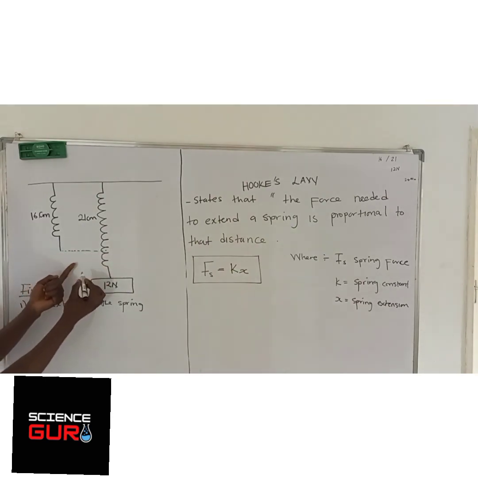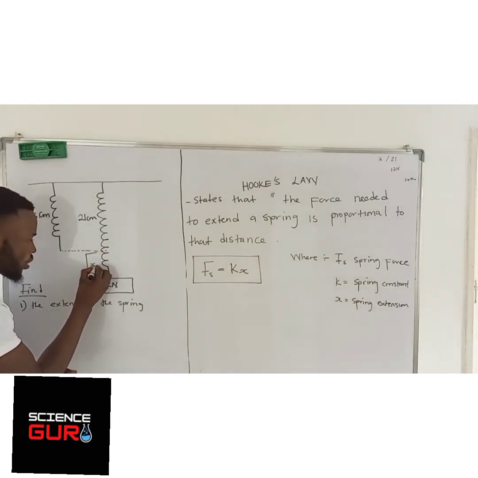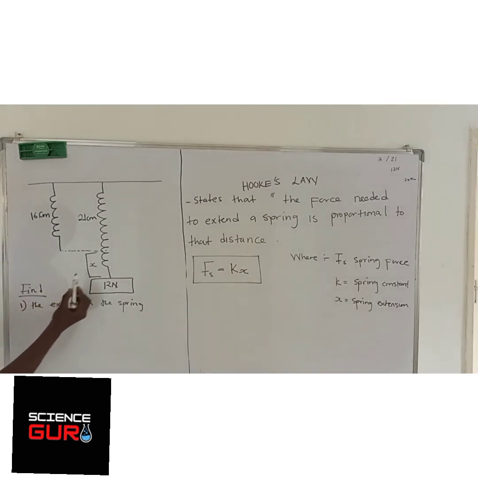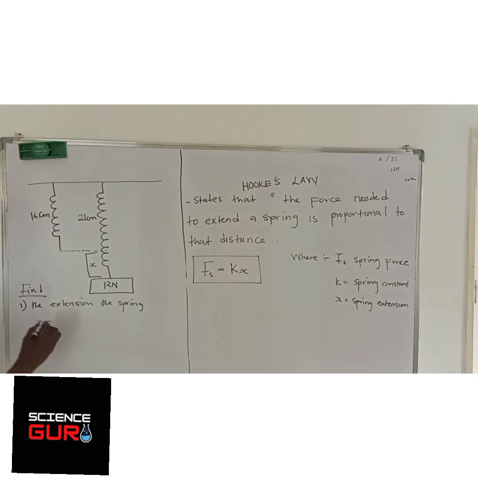After it extended, this part, the x, was the extension. So how do we find this x? We just find the difference between 21 and 16. We say 21 centimeters minus 16 centimeters. You are going to get 5 centimeters. Are you okay? 5 centimeters.